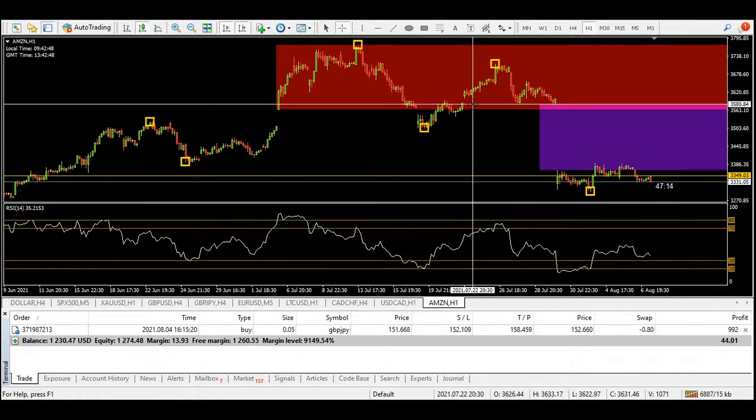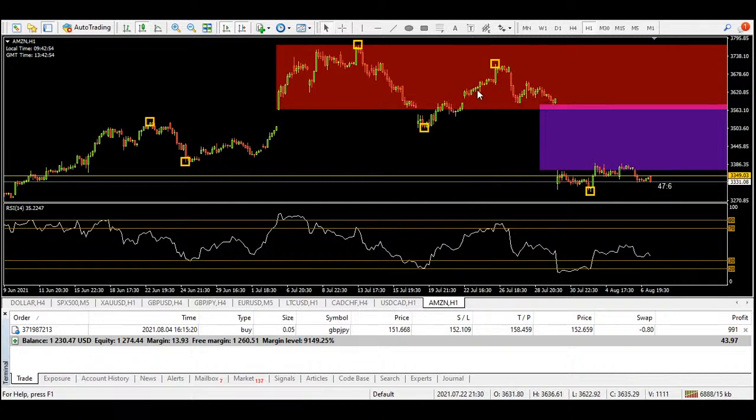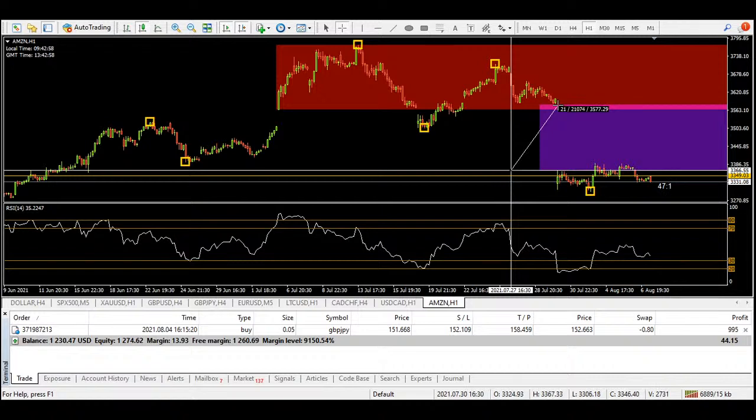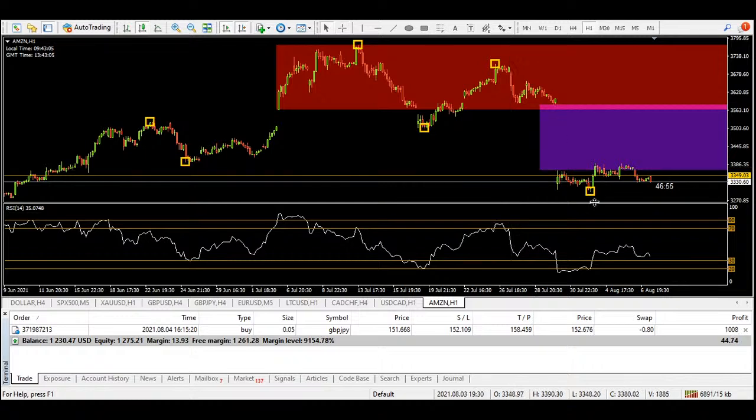We had a 123 pip gap that did get filled, and this particular gap is a 2,125 pip gap.